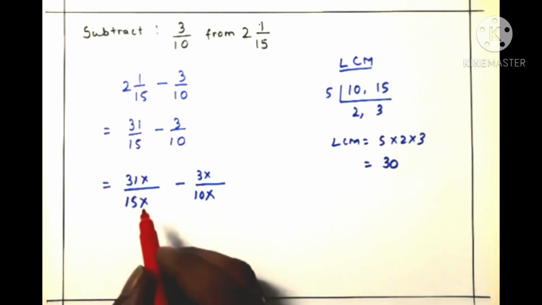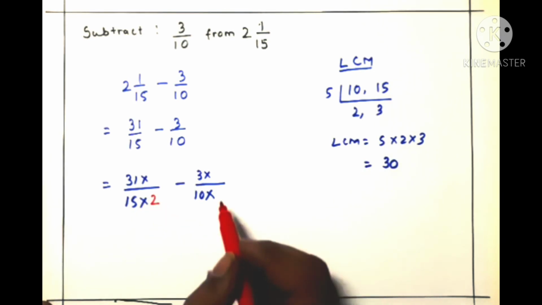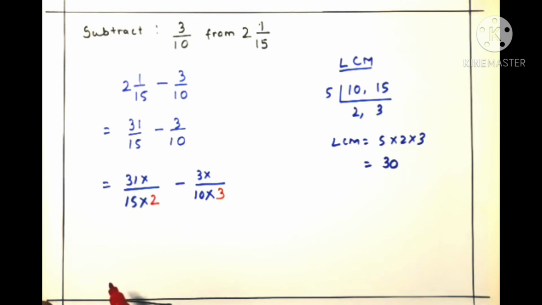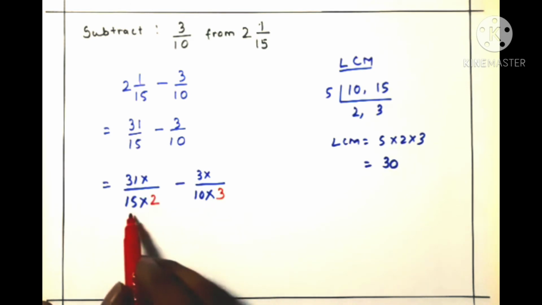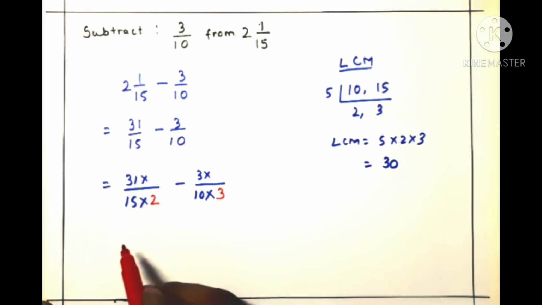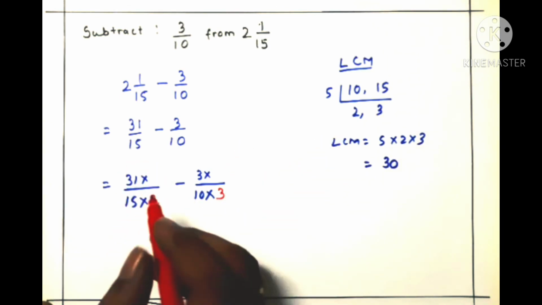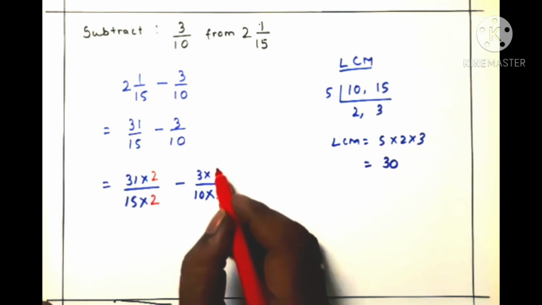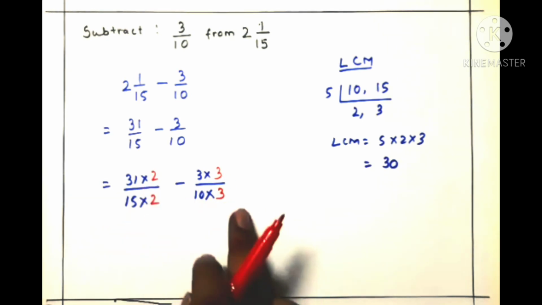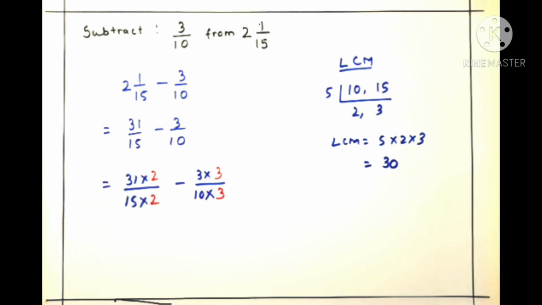So 15 2s are 30 and 10 3s are 30. So the denominators are equal now. Now whatever is done in the denominator, the same thing you have to put in the numerator. So the same set we will just copy down: 2, 2, 3, 3. So now we'll get ready with our equivalent fractions.